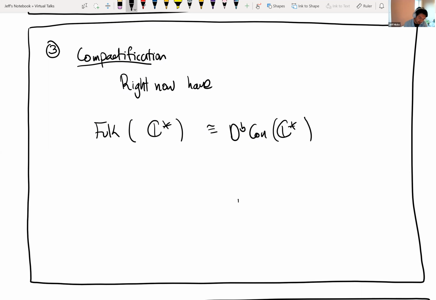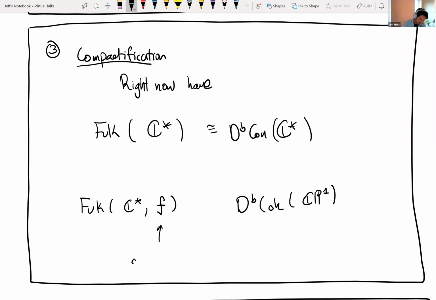And now we want to figure out how we can get from this picture to the derived category of coherent sheaves on CP1, which arises as a compactification of C star. On the mirror side, this is supposed to correspond to looking at the Fukaya category of C star equipped with the data of a stop.